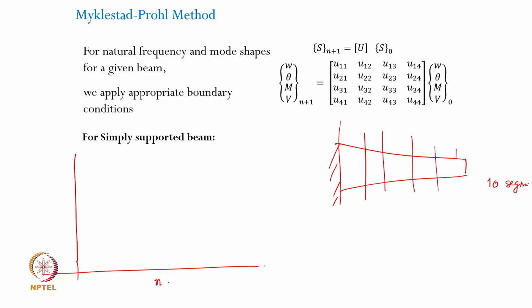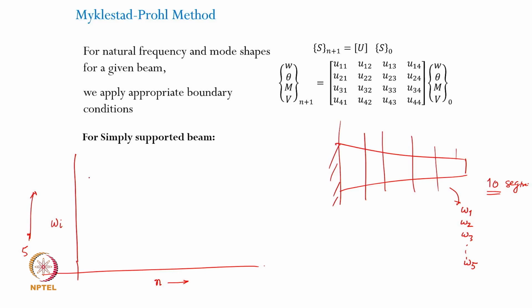I will write n, which represents the number of segments, and you evaluate all the natural frequencies, omega i. You can list down or plot, let us say, the first 5 natural frequencies, which you will evaluate based on the discretization into 10 segments. So from analyzing this you will get omega 1, omega 2 up to omega 5, right? Let us say, to start with, we are interested in the first 5 modes.